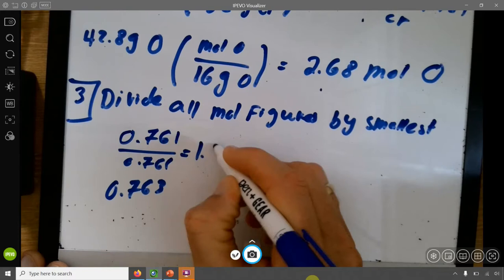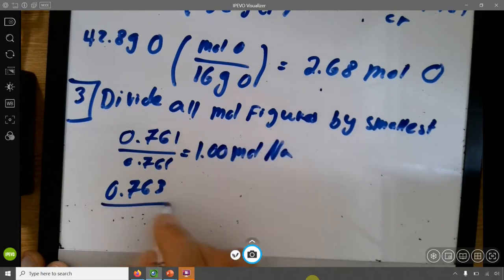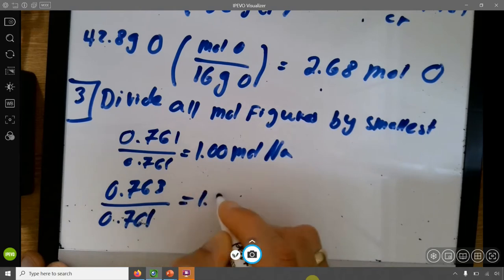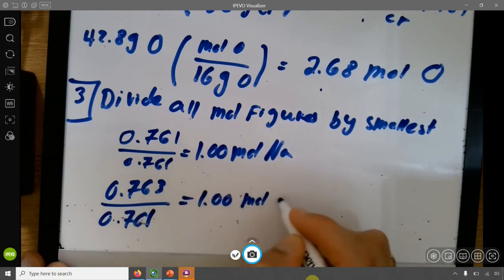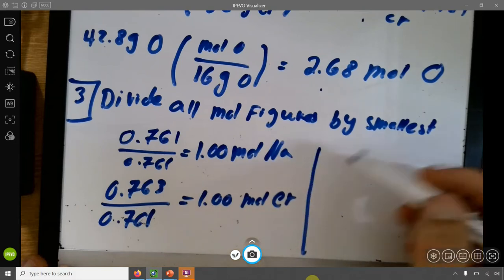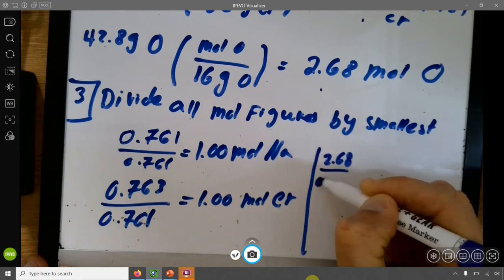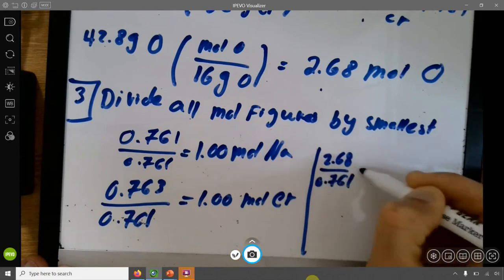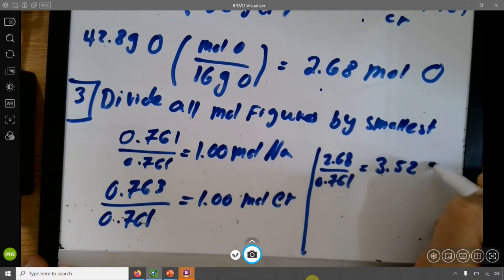This is 1.00 moles of Na. 0.763 divided by 0.761. That also ends up being 1.00 moles of chromium. And lastly, so you don't get confused here, 2.68 divided by 0.761, that ends up being 3.52 moles of oxygen.